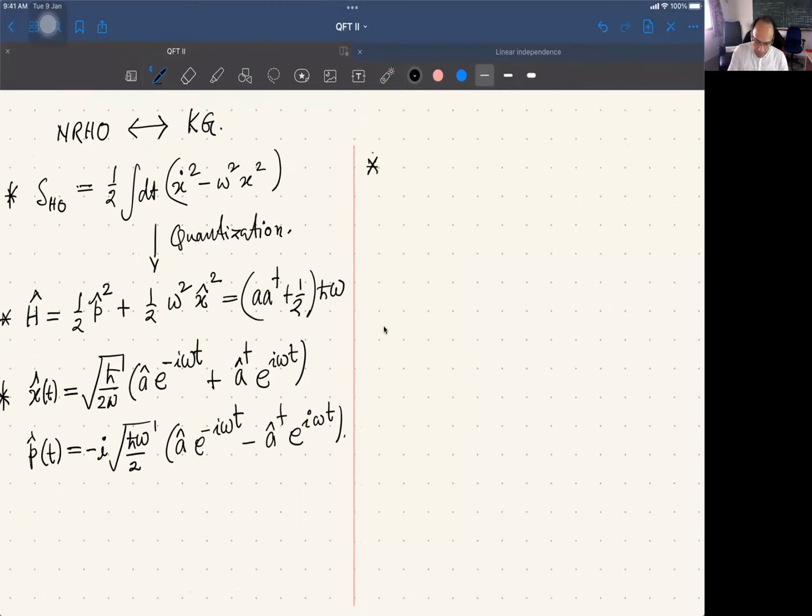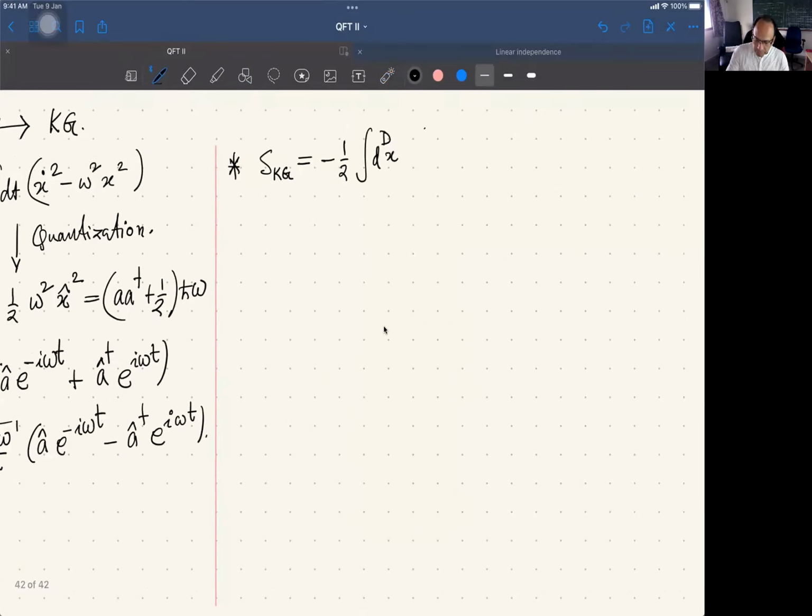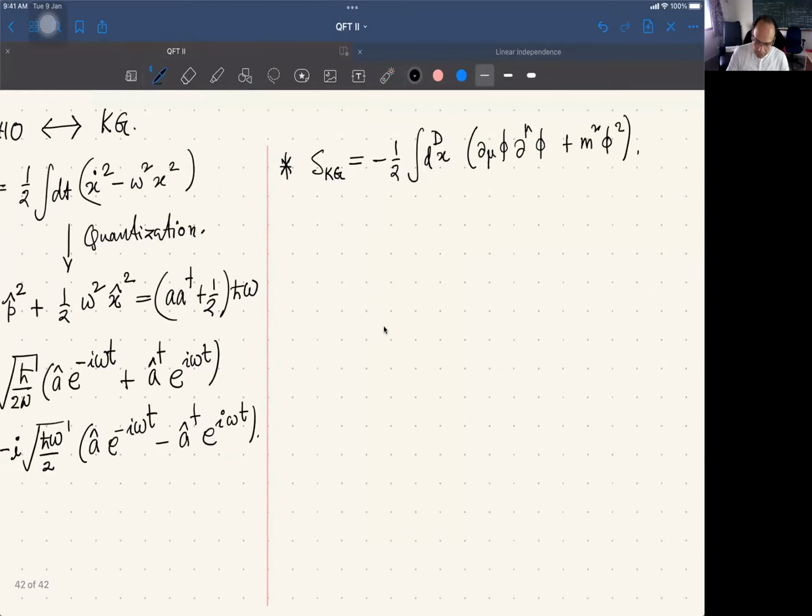For the Klein-Gordon field, the action is given by minus half integral d^d x, d-dimensional, (del mu phi del mu phi plus m square phi square). So you see a relation here.